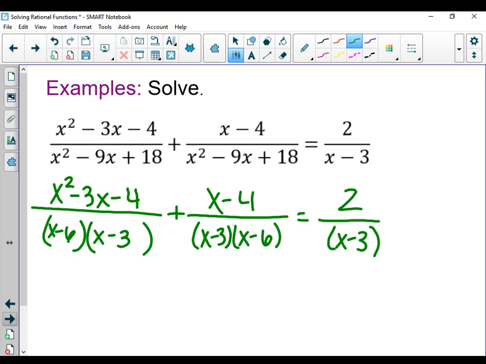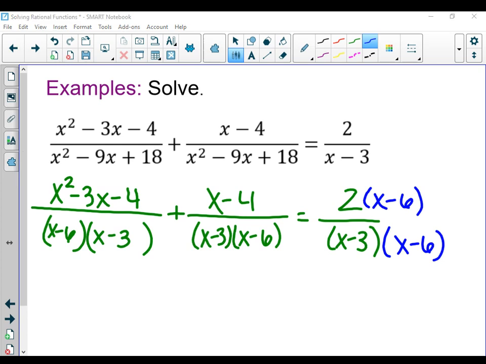All right, so when looking at this, they all have an x minus 3. They do not have an x minus 6. So this one needs an x minus 6. And now I have a common denominator.